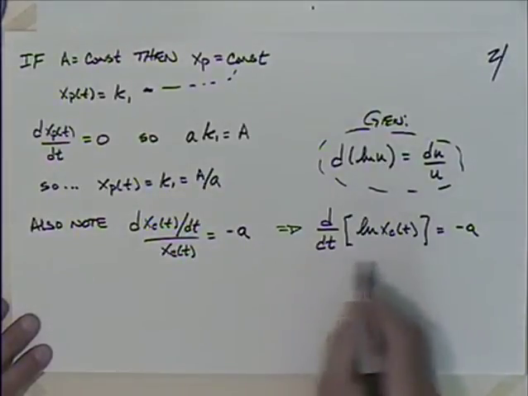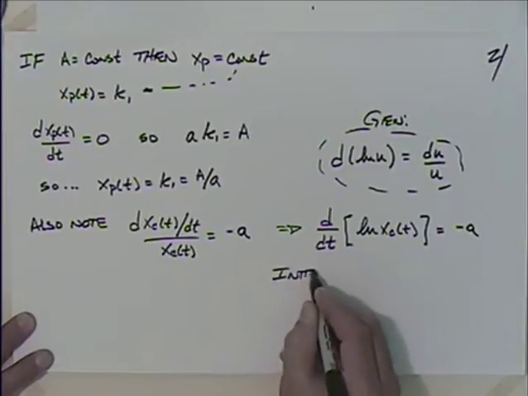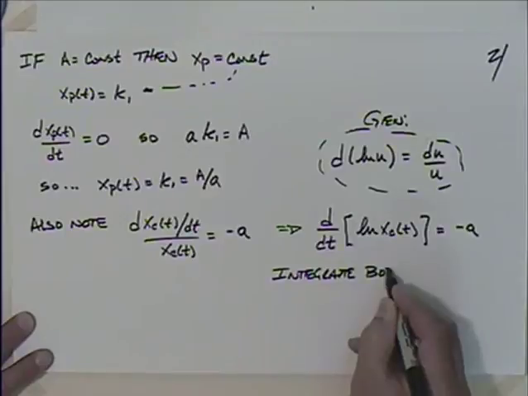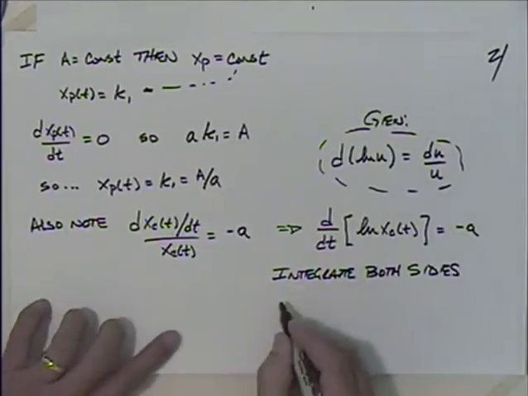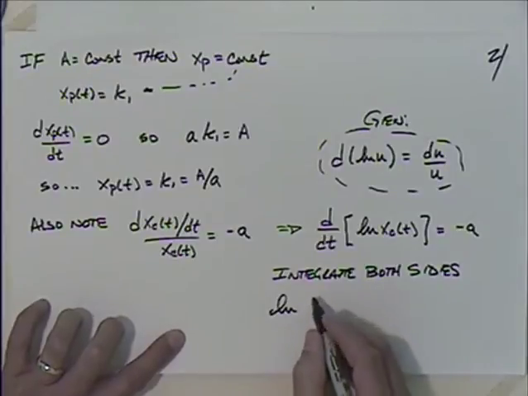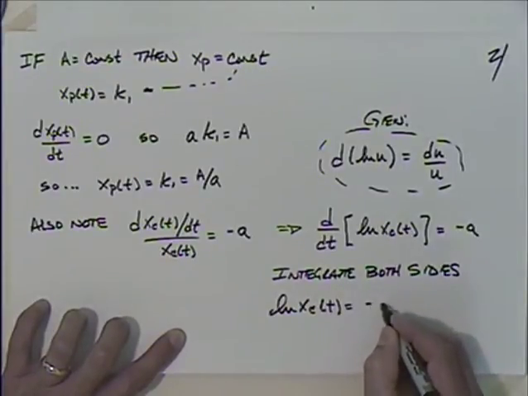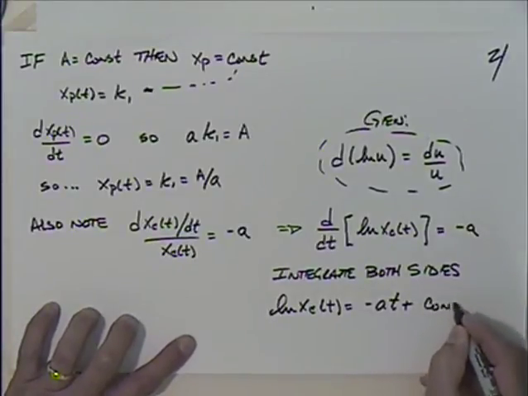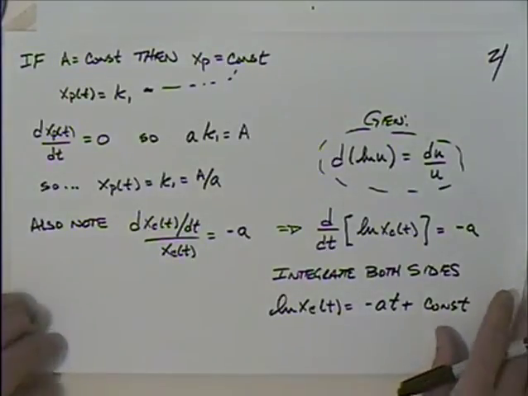So if I take this then and integrate both sides, so integrating both sides, I have the natural logarithm of the complementary solution is equal to minus a t plus the constant of integration, right? So I'll pick up with that on another sheet here.